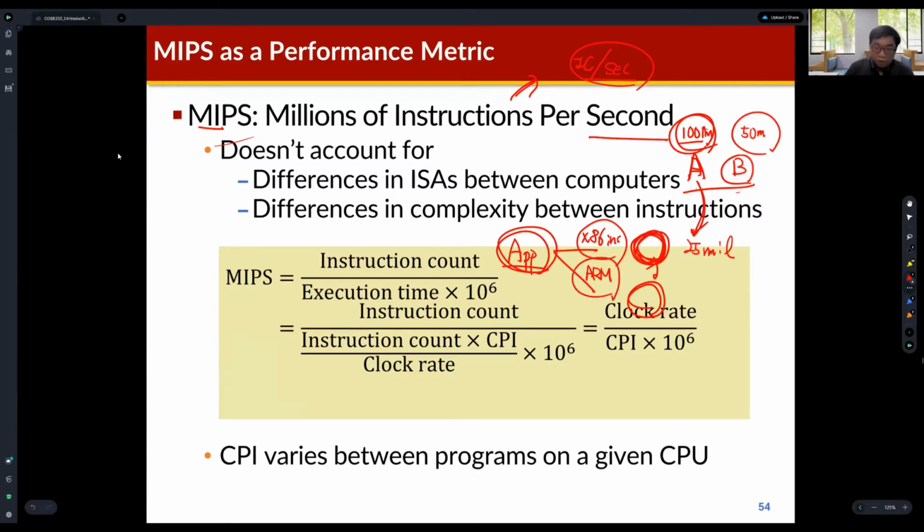And then how about the ARM? Maybe this application includes 100 million instructions. And then this code is executed by computer B, and this code is executed by computer A. Which one is faster?